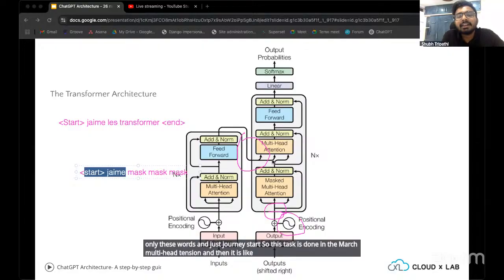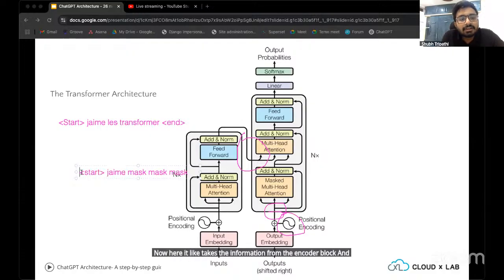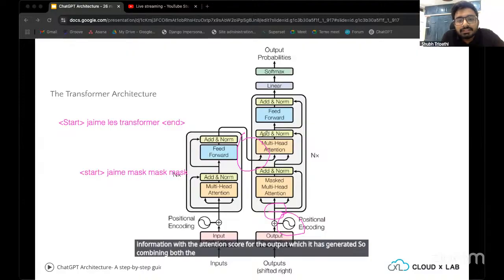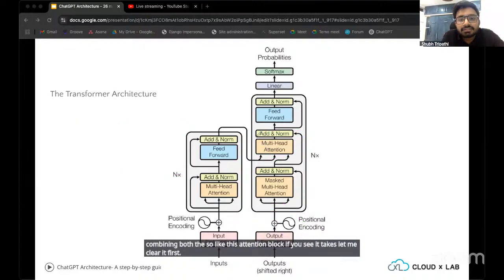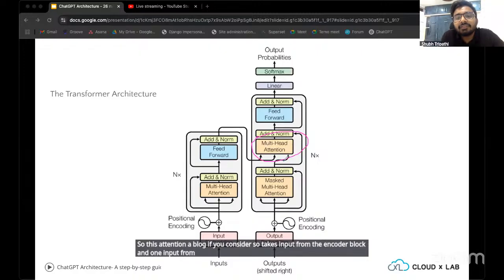Now here it takes the information from the encoder block, combined with the attention score for the output which it has generated. So combining both, this attention block takes input from the encoder block and one input from the embeddings which we learned.